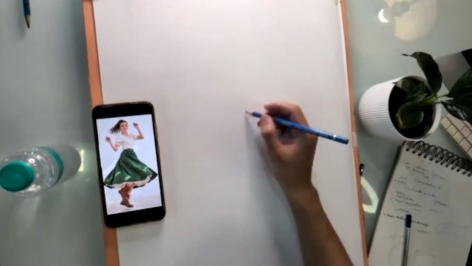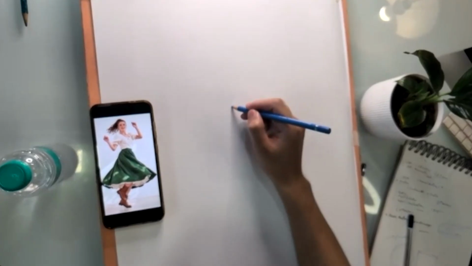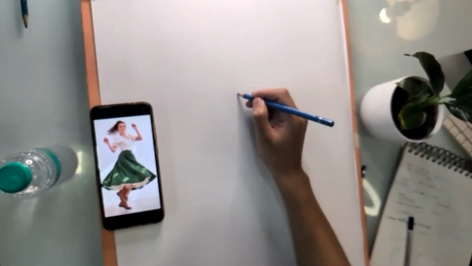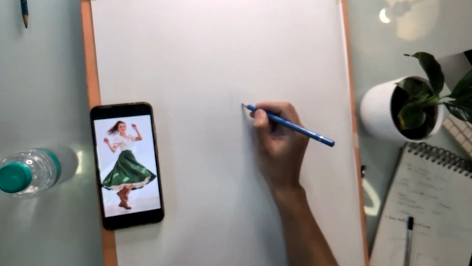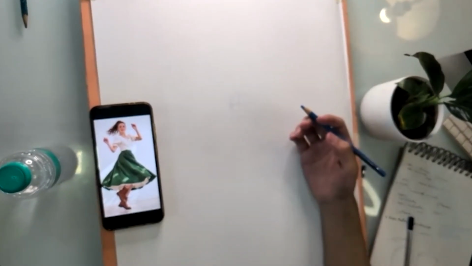Now, I'm using the blue pencil for my base structure. Those who attended last session will know the direction of the model, right?